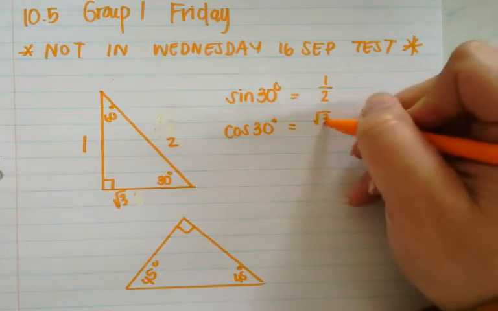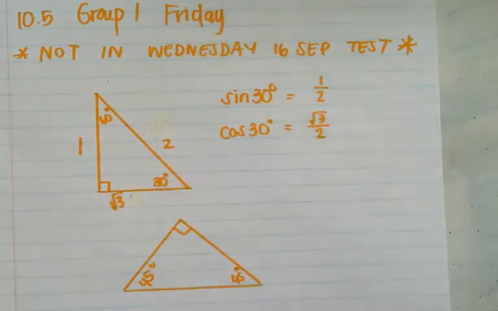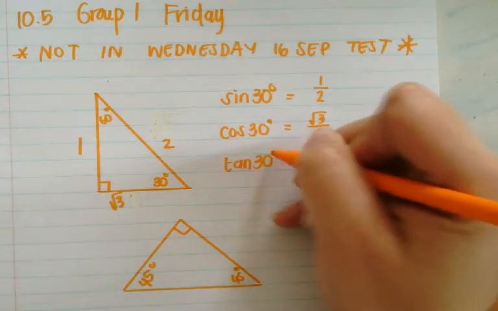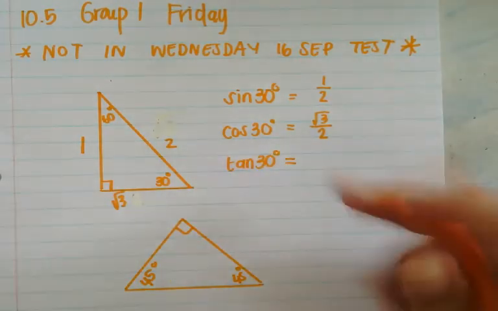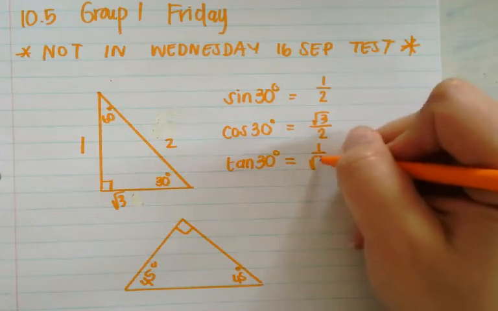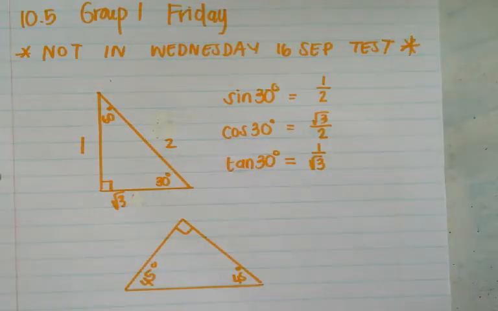And again, it doesn't matter how big the triangle is, that ratio, that fraction will simplify to square root 3 over 2. And then tan of 30 degrees would be opposite over adjacent. And that will also simplify to 1 over square root 3.